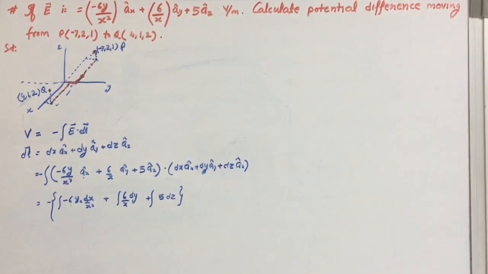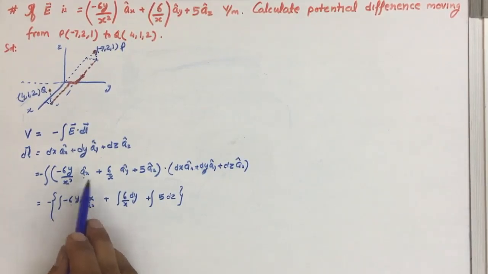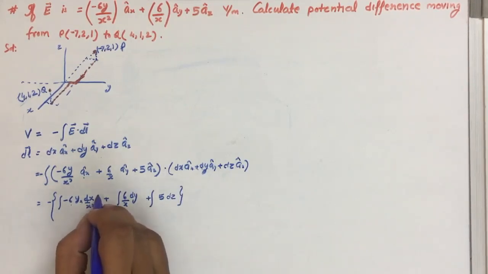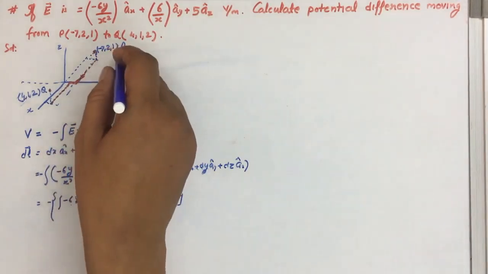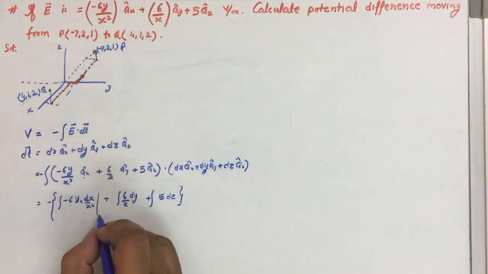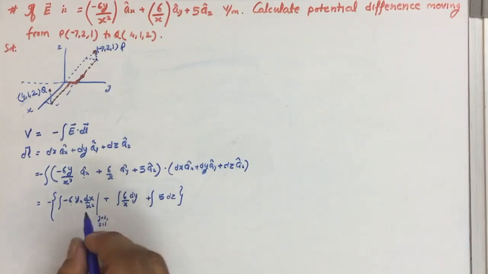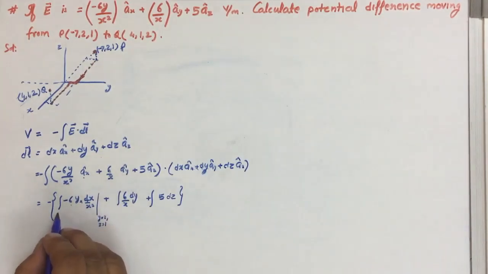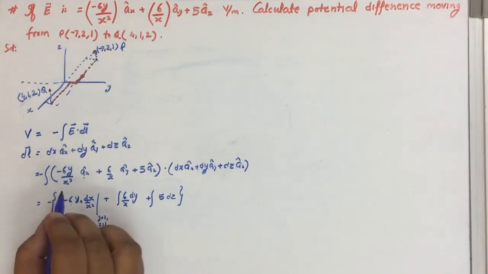Just concentrate here. We are moving in the direction of ax only, so x will change and the remaining things will remain the same as at point P. So y will be equal to 2 and z will be equal to 1, and x will change from -7 to 4.